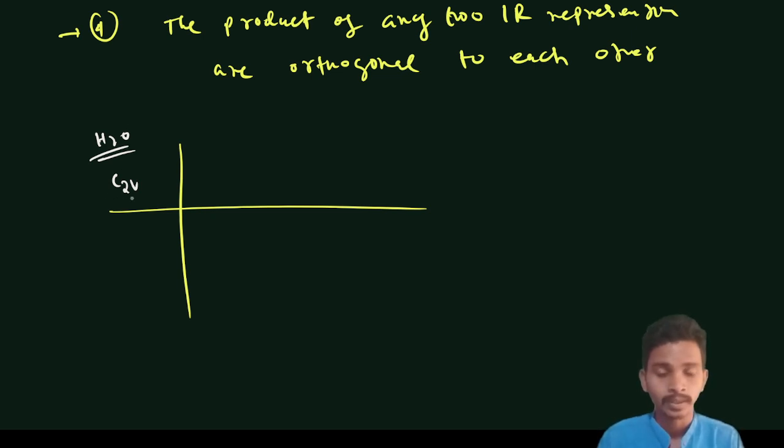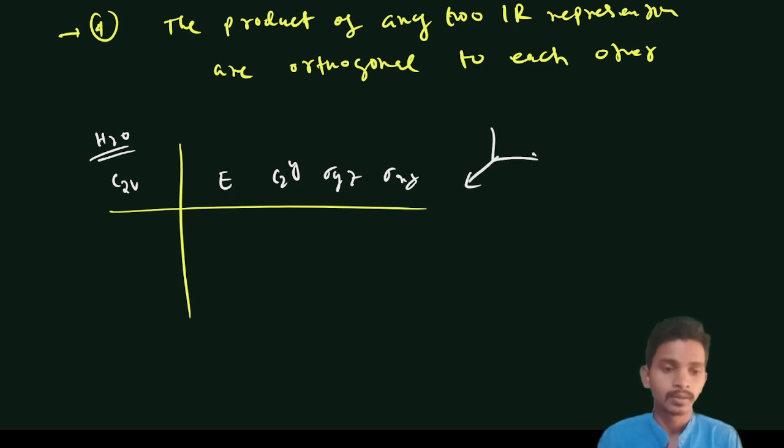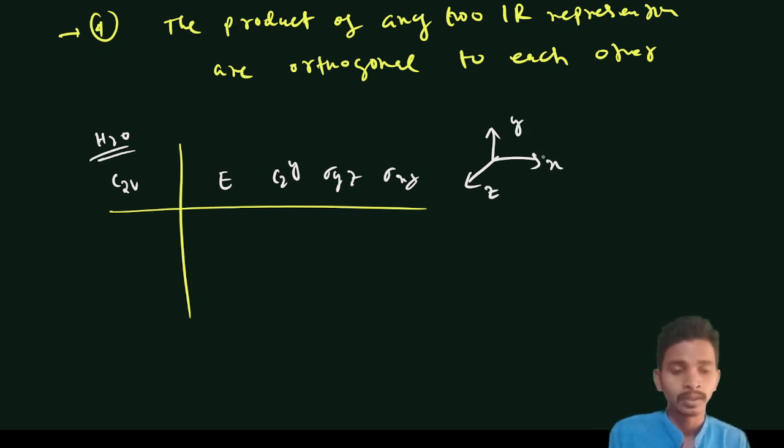The point group for water is C2v, and you will write the symmetry elements, so E, C2(y), sigma(yz) and sigma(xy), if our axes are like this, X, Y, Z. Remember that this X, Y, Z can be taken anywhere, some persons may take it this way, so any way is fine. In whichever way you take it, your axis will come accordingly.